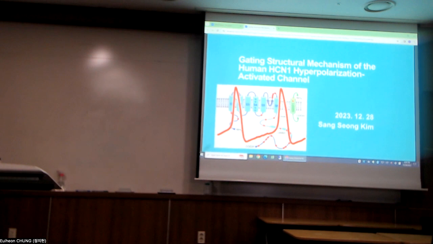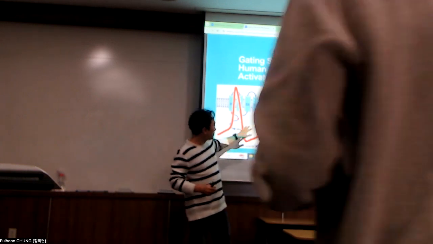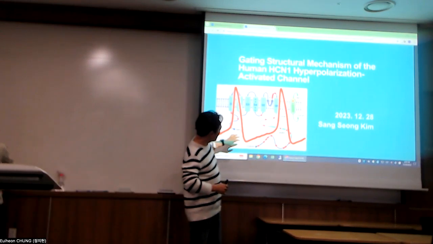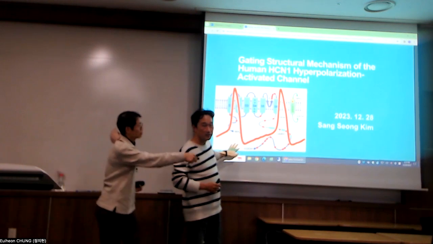So the most puzzling element in this EKG signaling, we found, is a hyperpolarization-activated cation channel, which is the HCN channel. Right. So remember this rhythmicity of the nodal cell is actually highly contributed by the HCN channels, right?